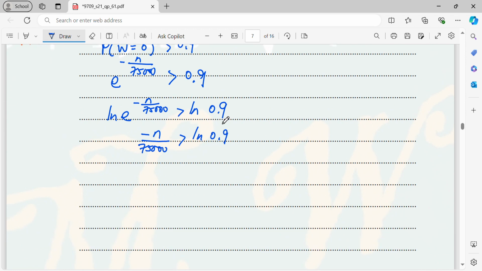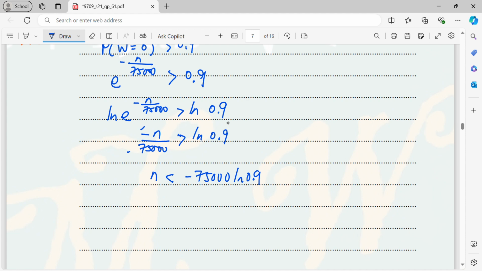Now I need to find n, so this negative 1 over 75,000 will be moved to the other side. When you move a negative value to the other side, we need to change the inequality symbol, so n is less than negative 75,000 ln 0.9.